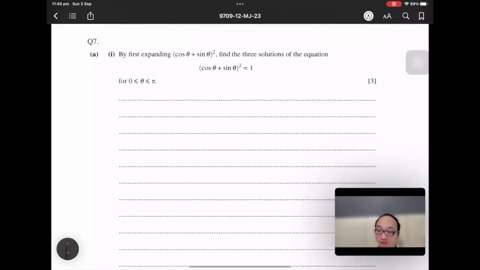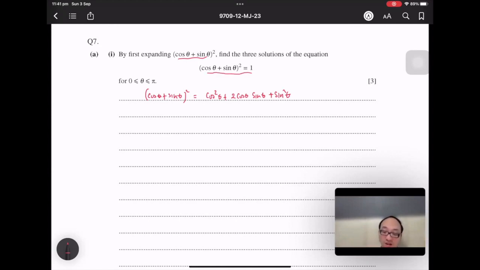So from this, we expand this one first. (Cos theta plus sin theta) squared equals cos squared theta plus 2 cos theta sin theta plus sin squared theta. And then find the three solutions of the equation.